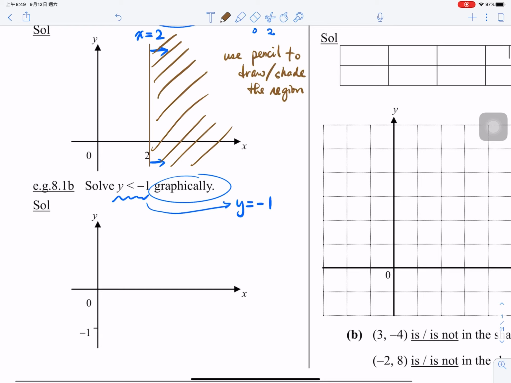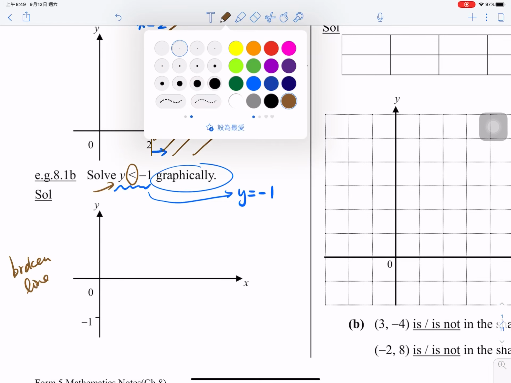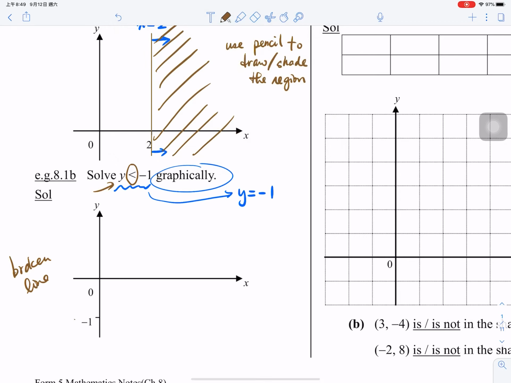And remember, y equals negative 1 is not included. You see the inequality? So this time you need to use a broken line or dotted line, okay? Broken line like this. Please use the ruler to draw the straight line.